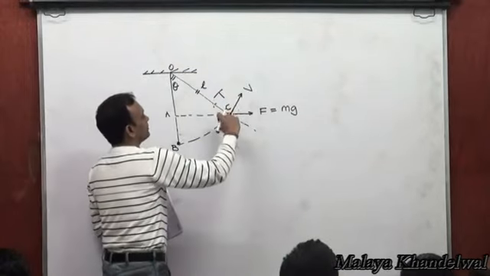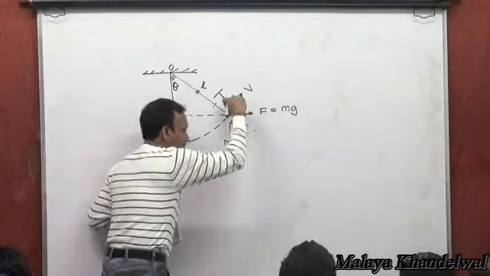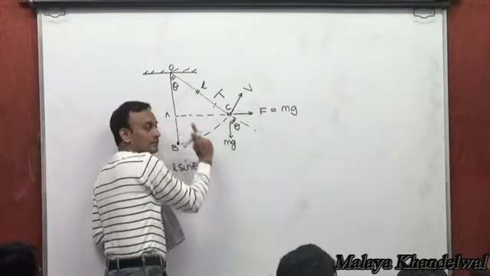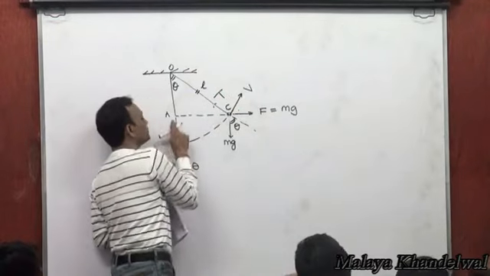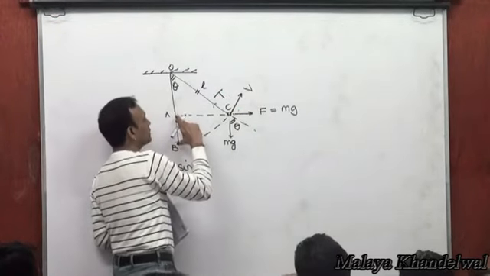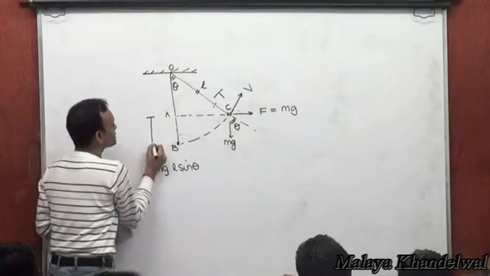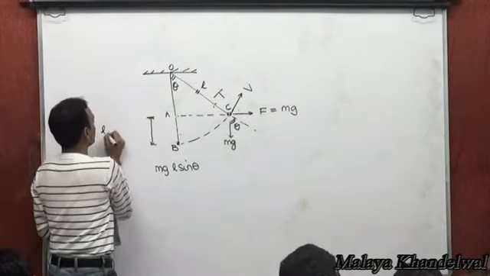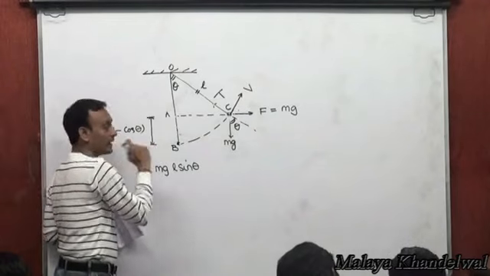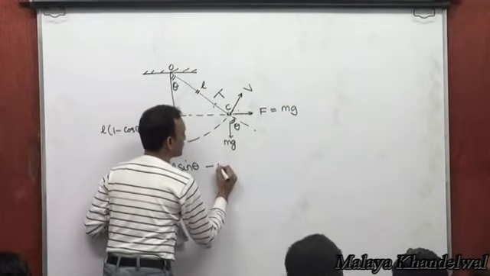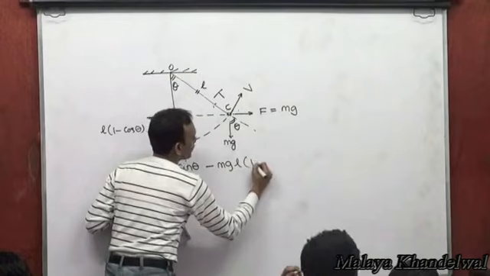Work done by mg would be minus mg into this length. mg is acting downwards, displacement aligned with mg is opposite to mg, but this length is L minus L cos theta, as you can see. AB is L minus L cos theta, right? So work done by mg is minus mgL into 1 minus cos theta.